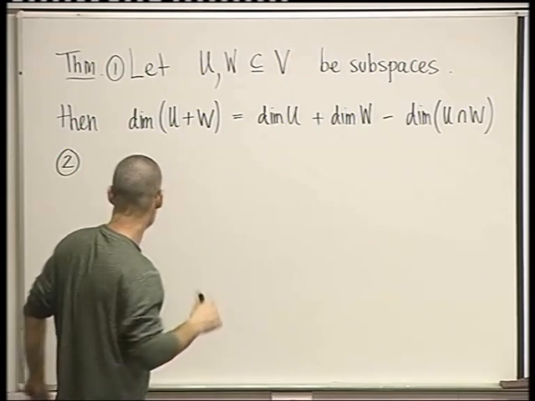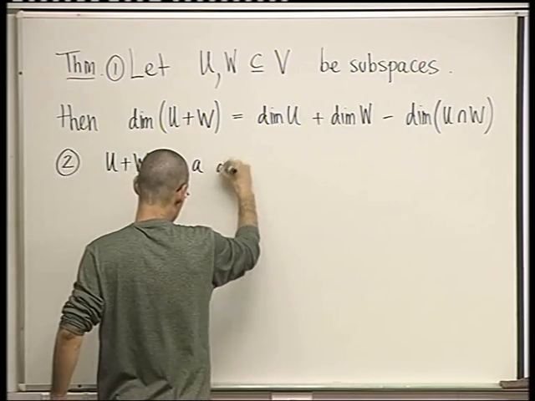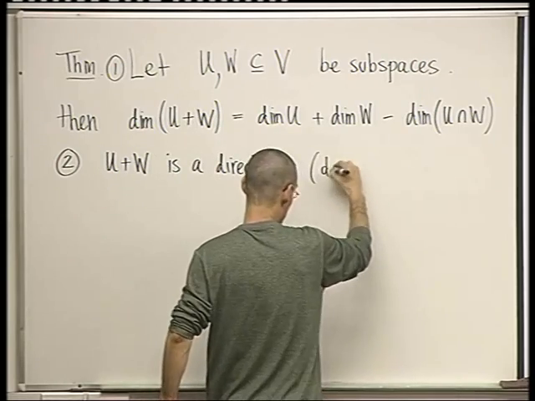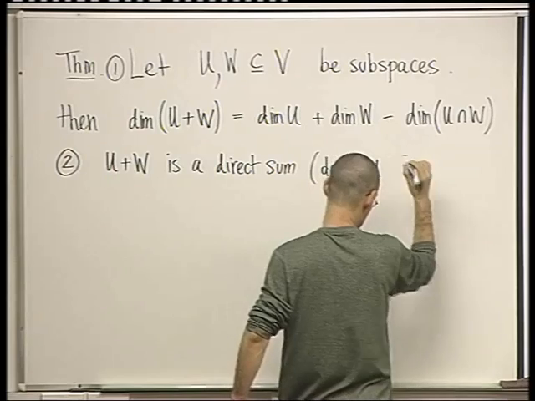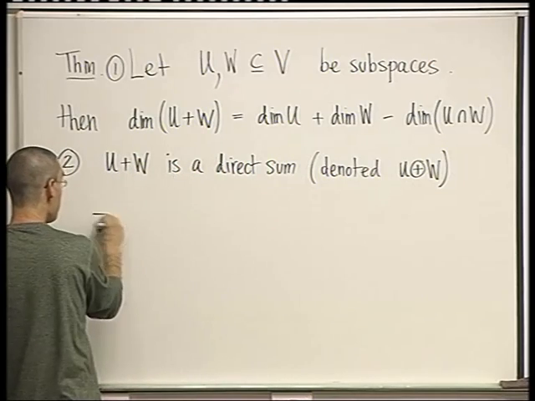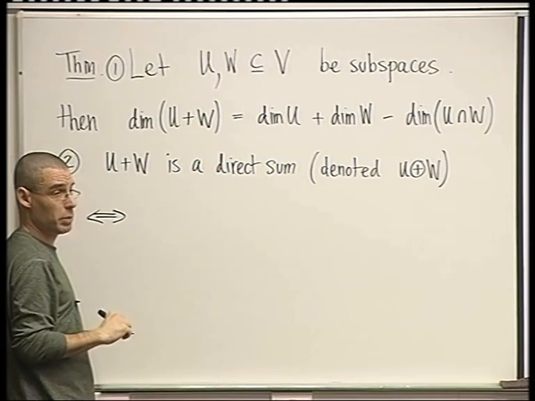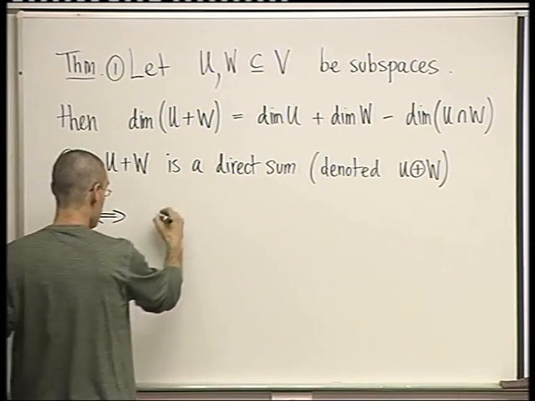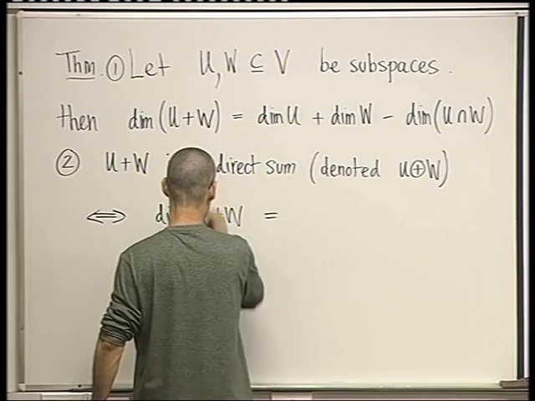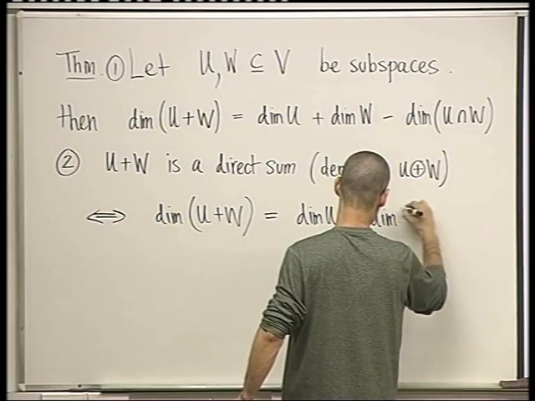So U plus W is a direct sum, this is just a reminder, if and only if, and this is going to be pretty obvious if you believe part 1, part 1 being what requires a lot of proof, the dimension of U plus W equals the dimension of U plus the dimension of W.